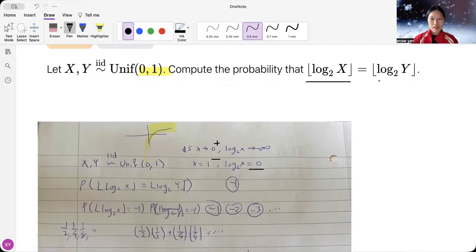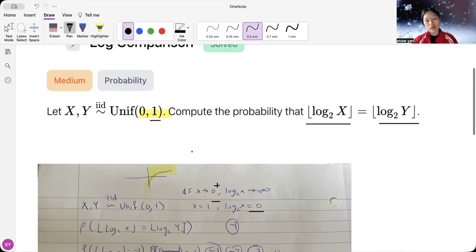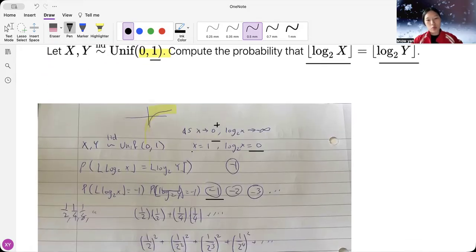If we take the floor of that, it could be any integer from there. Let's imagine the floor of log base 2 of x equals negative 1. That's the first case. It can't be 0 because we can't get to 1, since the range is 0 to 1, not inclusive. So the first case is negative 1.